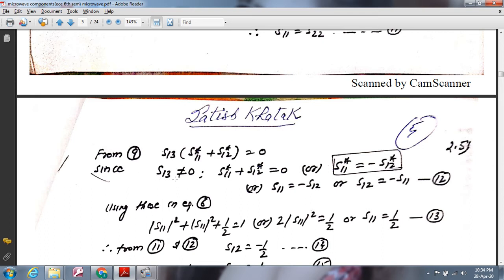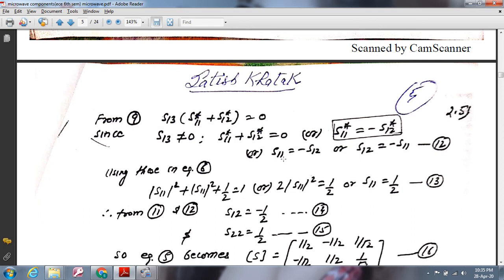Now since S13 is not 0, we have already calculated S13 equals 1 by root 2. So if this term is not 0, it means the bracketed terms are 0. So here we get S11 star plus S12 star equals 0, or if we simplify this, S11 star equals minus S12 star, or S11 equals minus S12, or S12 equals minus S11.